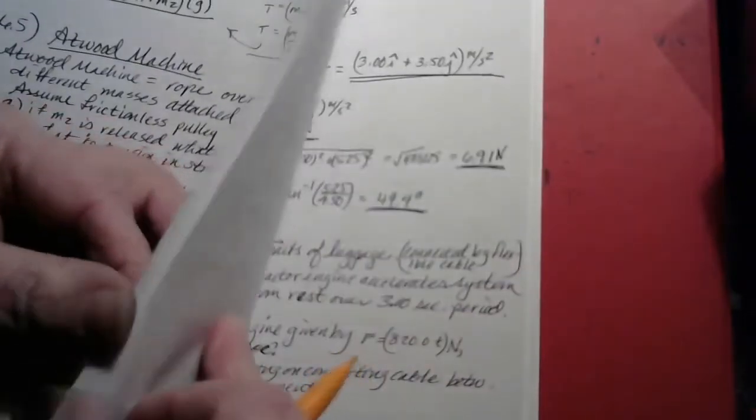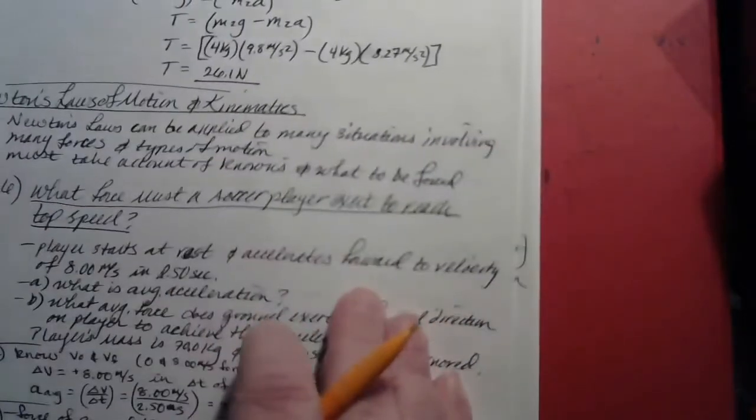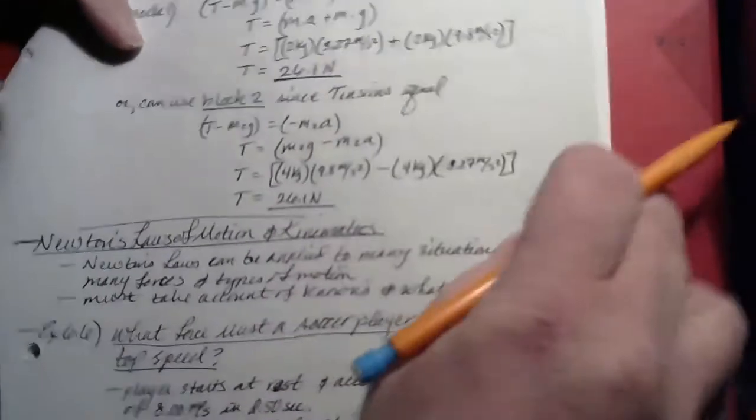Okay, we have the acceleration now. For part B, we want to go on and find the tension. Now that we know the acceleration, that's going to be a lot easier.